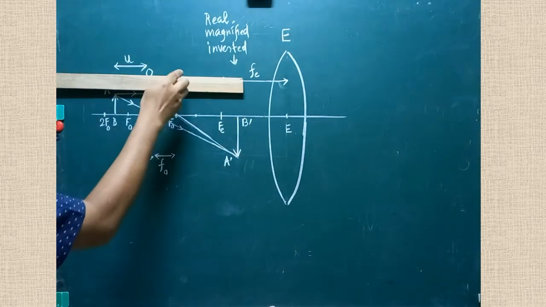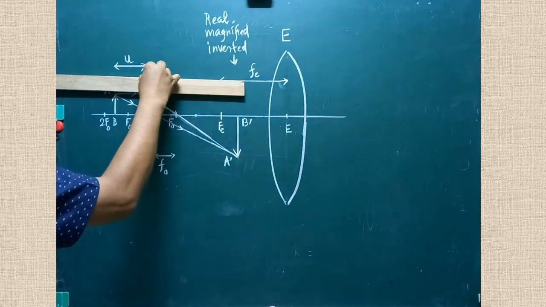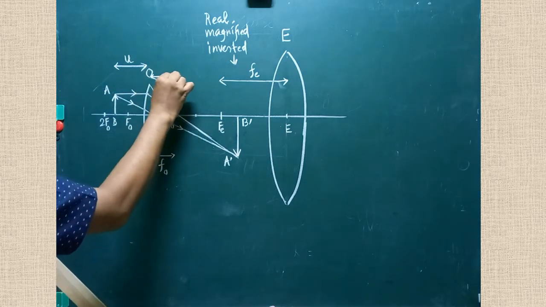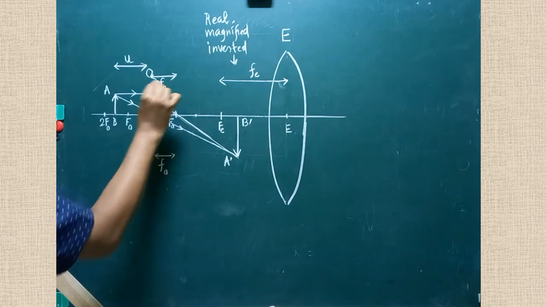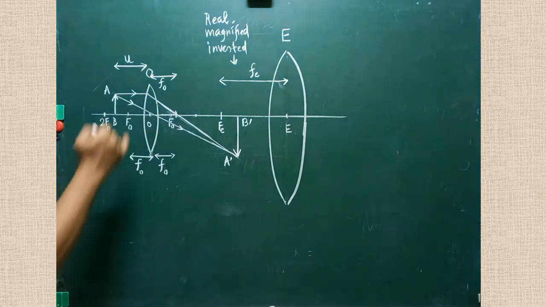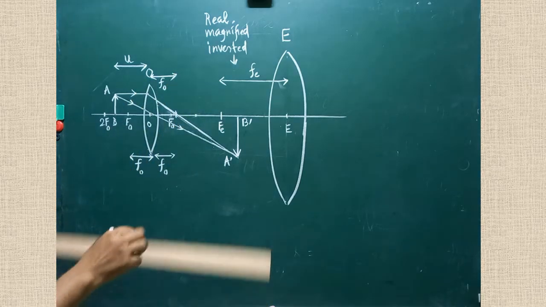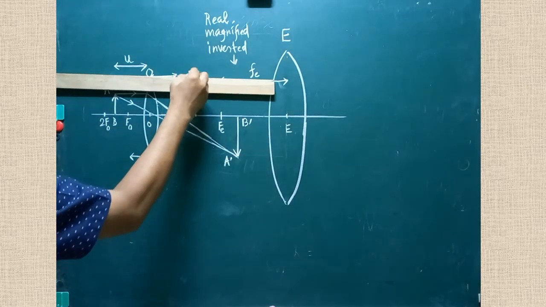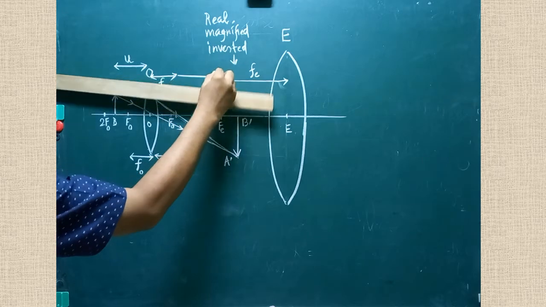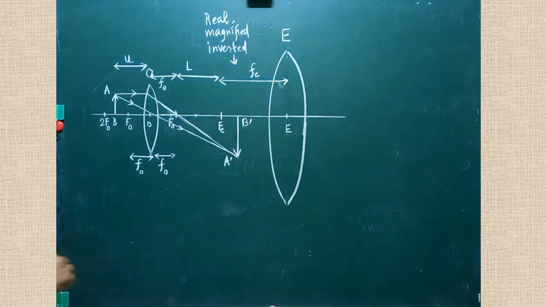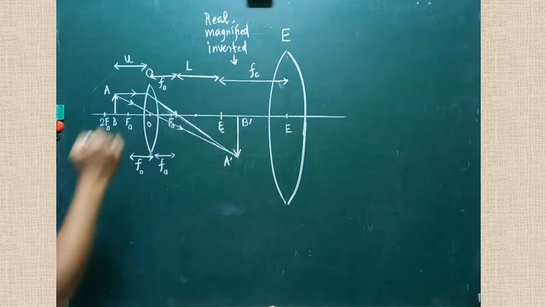Now the same FO can be drawn in the upward direction also. Are you clear? So this is called FO. Here FO is there, here FE is there. In between, one distance is there, no? That is called L. This is called L. L lies in between this point and this point.